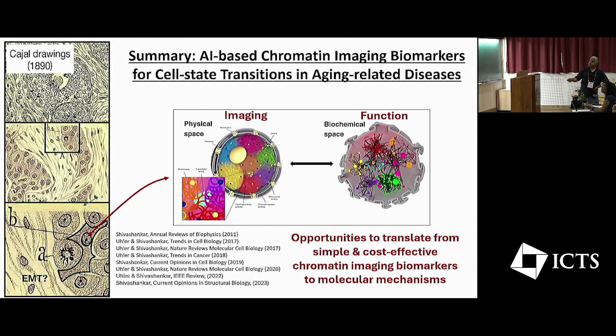And we've developed state-of-the-art machine learning techniques to learn this integration between the physical space and the biochemical space. And we think that by learning these two spaces, we have new opportunities to translate this information, the simple, cost-effective chromatin imaging states, to not only clinical diagnostics, but also start understanding molecular mechanisms.